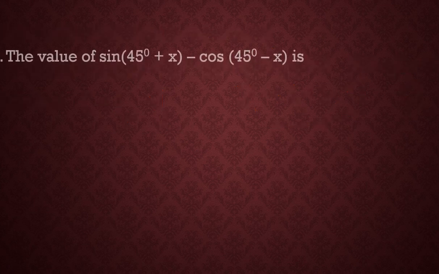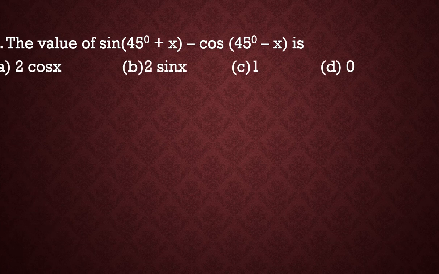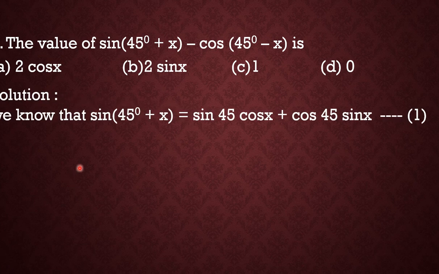The next question will be the value of sin of 45 degree plus x minus cos of 45 degree minus x. So these are the options. We find the value of this using the formula for sine of x plus y and cos of x minus y. We know that sine of x plus y is equal to sine x cos y plus cos x sin y.